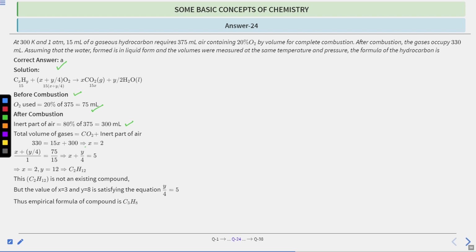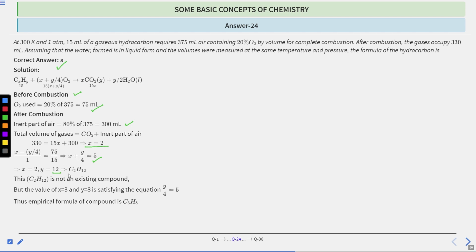So from this equation, x is coming out as 2, and we are balancing the O2 used to the initial hydrocarbon volume, that is (x plus y by 4) divided by 1 will be equal to 75 by 15, or you can say x plus y by 4 will be equal to 5. On putting the x value equal to 2, the y is coming out as 12.